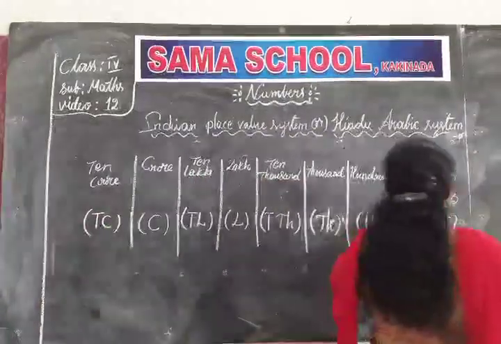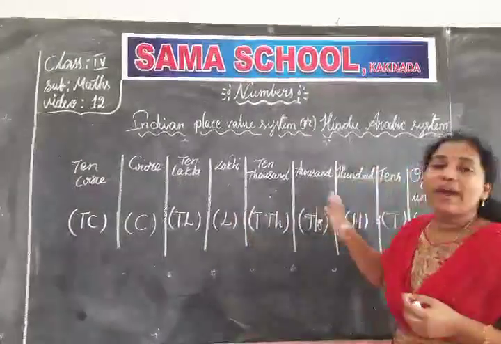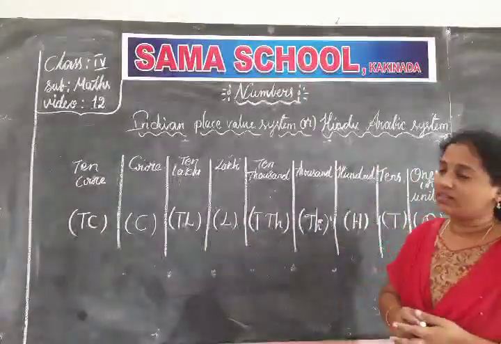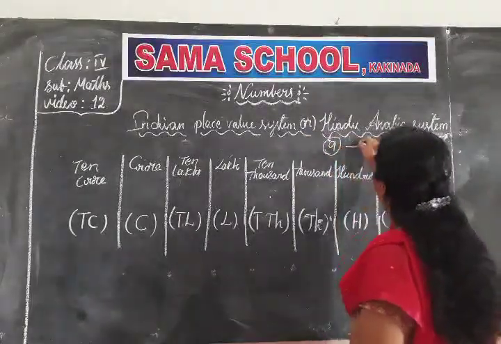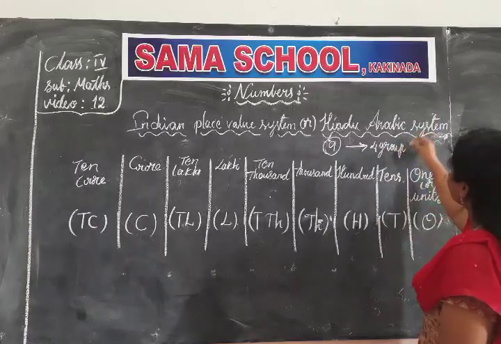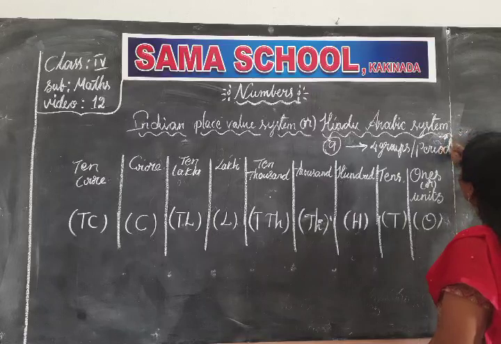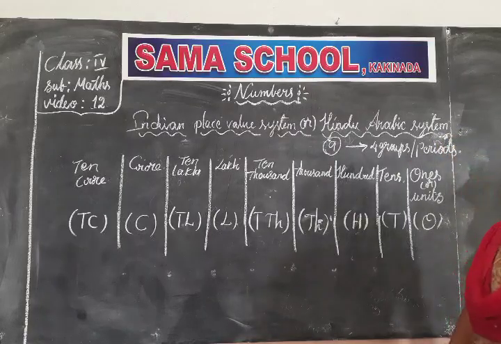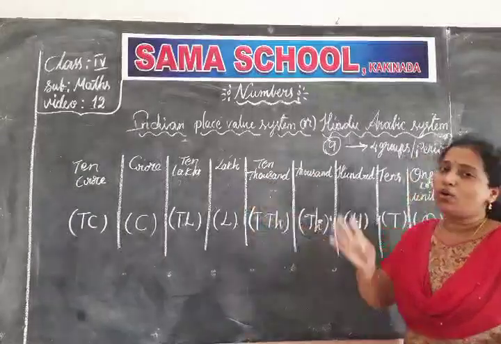Am I right? Now, these 9 places are divided into 4 groups. It means periods. What is meant by periods? Nothing but a group of numbers. Why are all these 9 places divided into 4 groups?